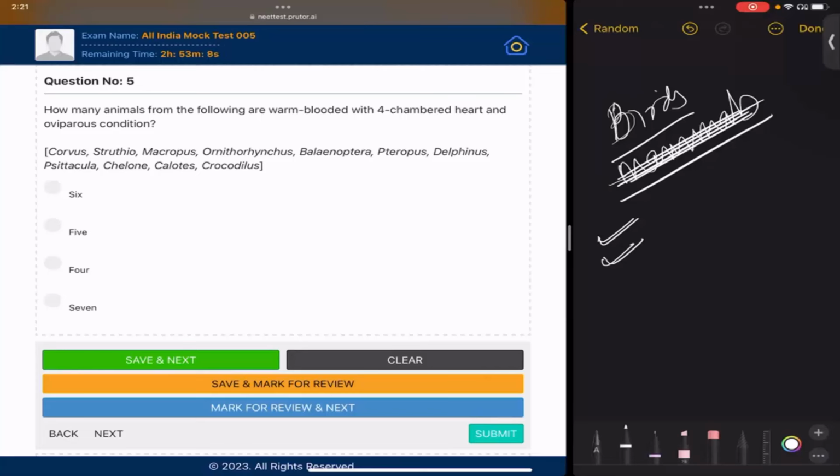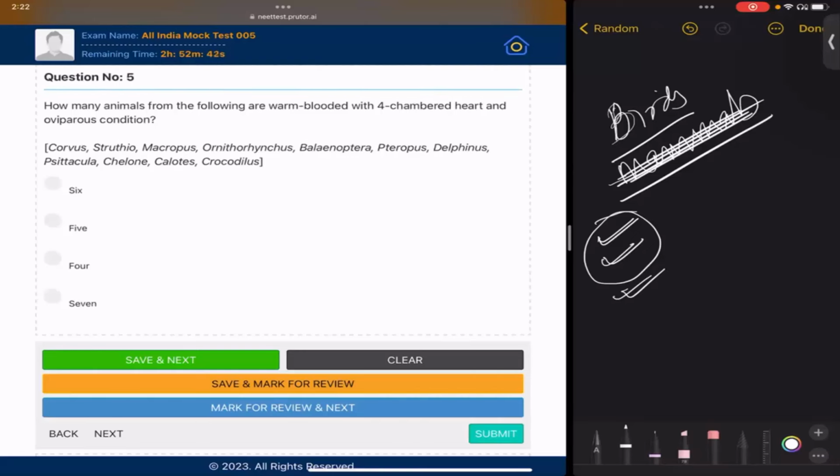Okay, so I have 2 options correct, and then more. Balaenoptera won't be, Macropus won't be, Ornithorhynchus won't be, Pteropus won't be, Delphinus won't be. Psittacula is also a bird, so that will also be correct. Okay, Corvus, Struthio, Psittacula, these 3 are correct, and then Ornithorhynchus also. Okay, so we are having 4 correct in this.